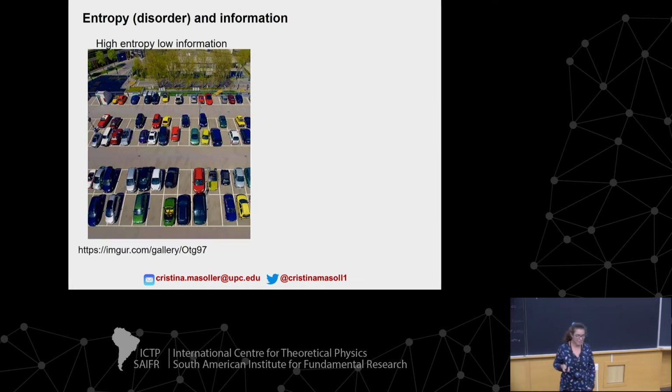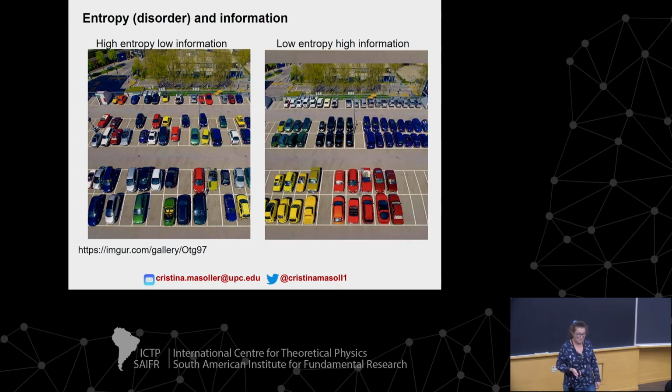Okay? So basically, entropy is a measure of disorder, and it's, of course, related to the amount of information you have. Suppose you're looking for your yellow car. If the situation is like this, you have no information about where you can go and look for the yellow car. But if the situation is like this, then you have the information and you can search for your car here.